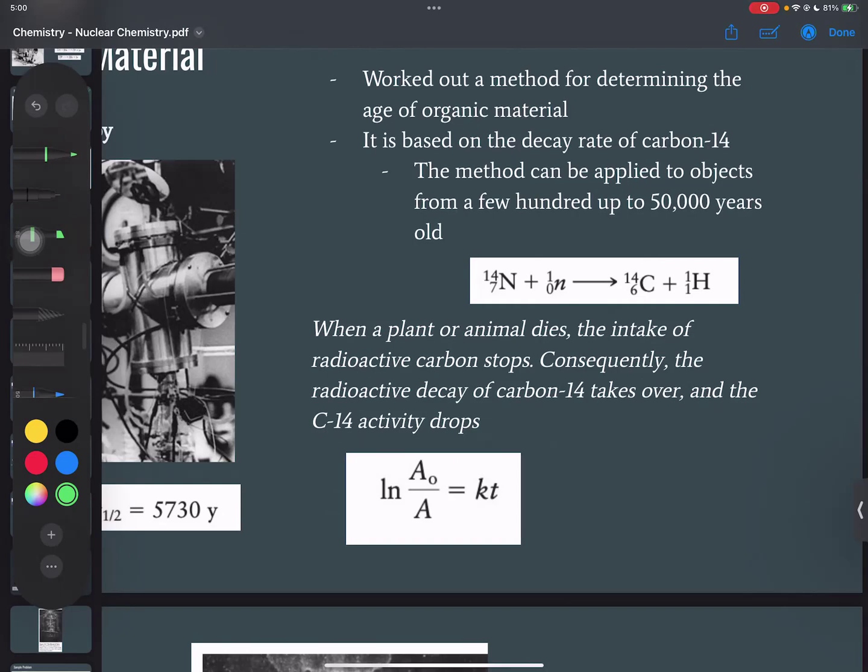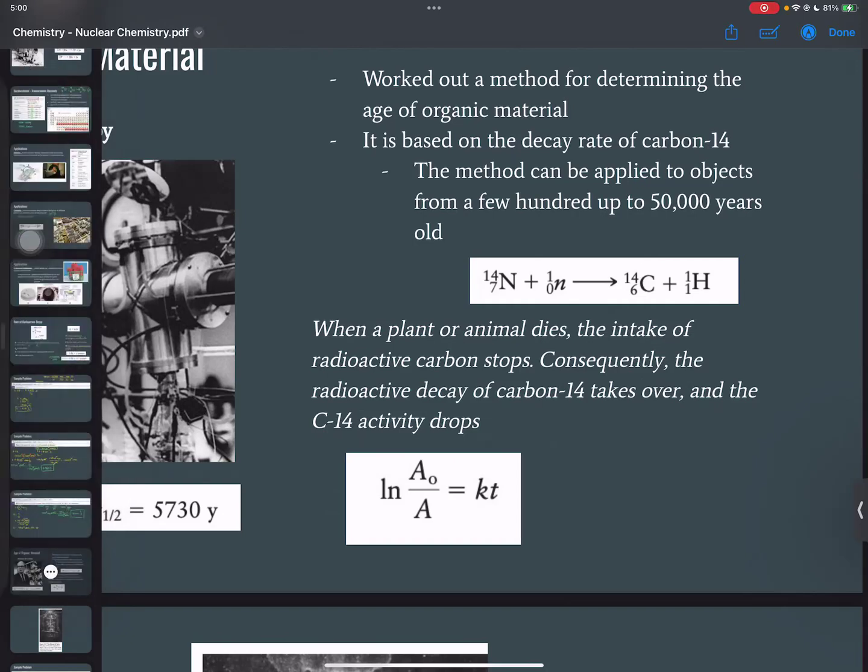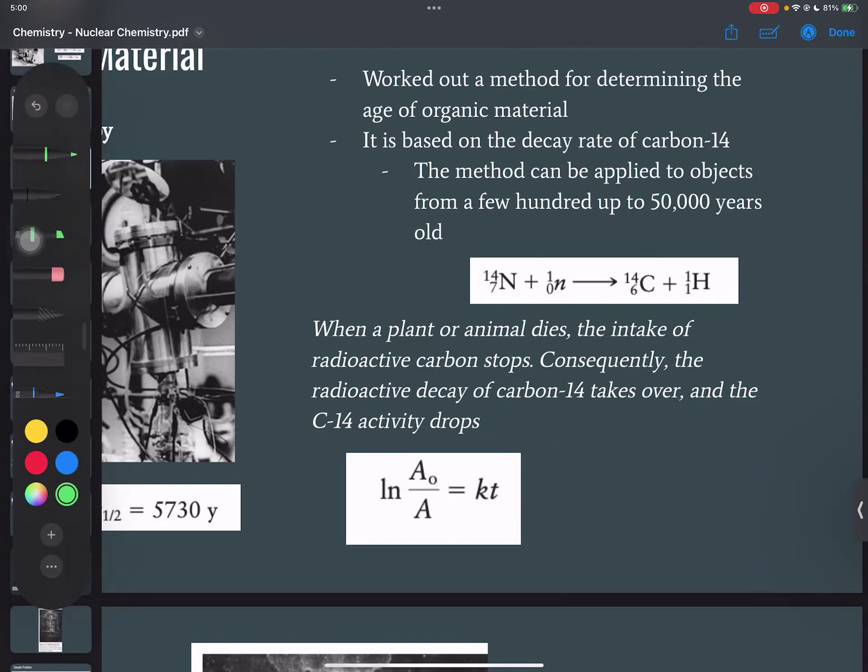So, more specifically, class, the amount of carbon-14 in a sample containing 1 gram of carbon has an activity of 15.3 atoms per minute. A better example is a living plant that is taking in carbon dioxide, since its food is carbon dioxide from the atmosphere.